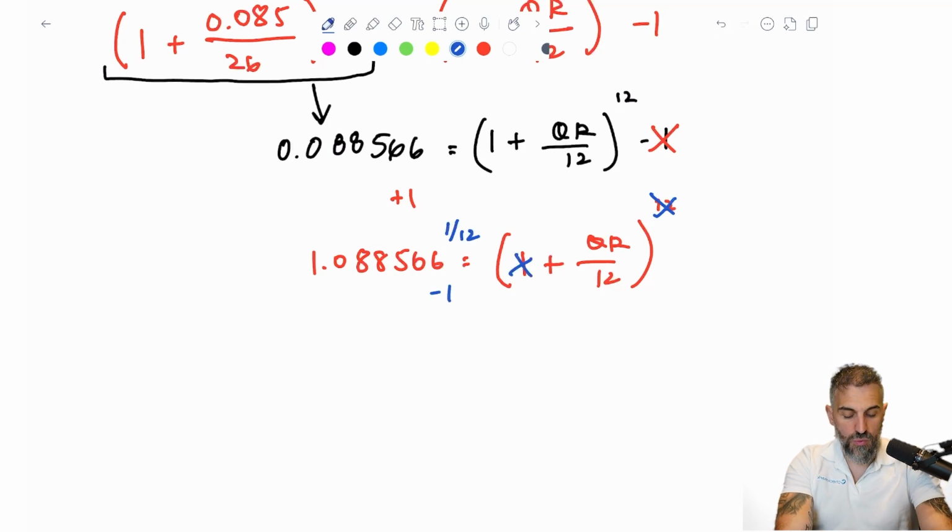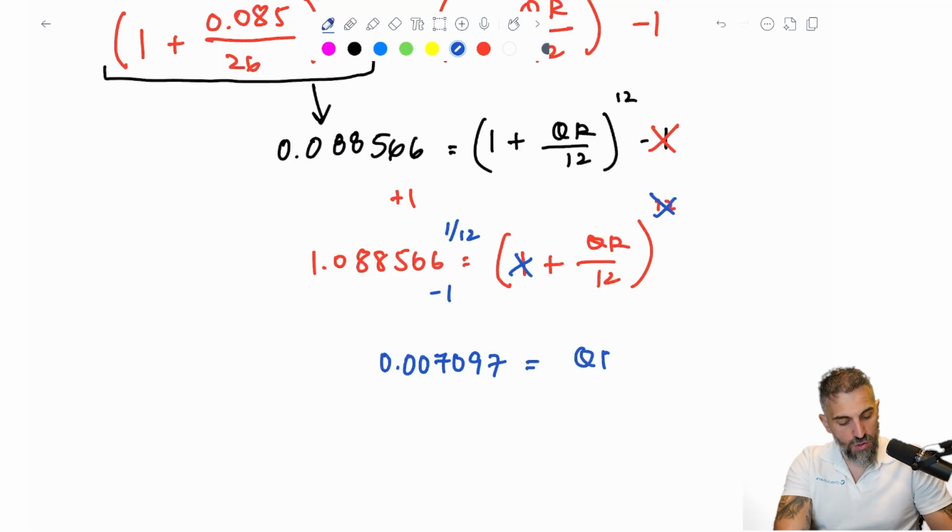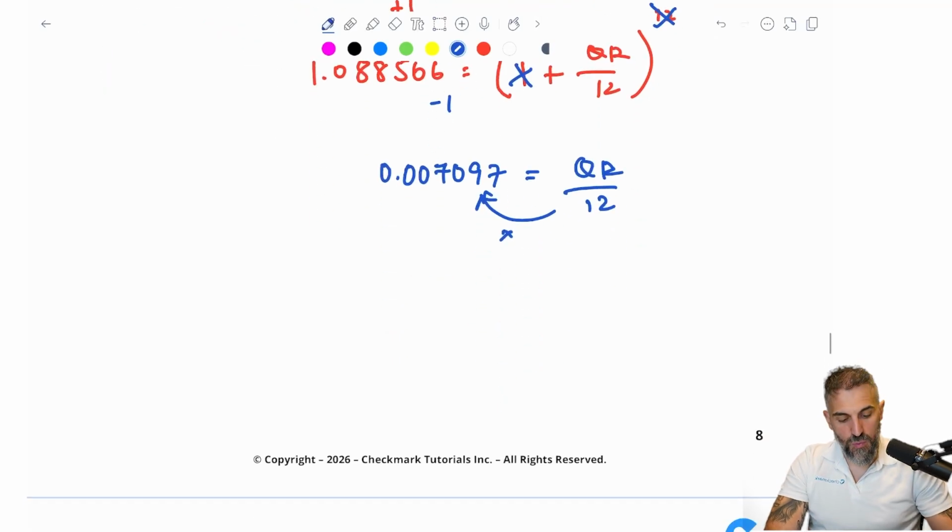So we're doing 1.088566 to the power 1 over 12. And then on the result, take away 1. So now I've got 0.007097 equals QR over 12. And you cross multiply that into here. 8.51.